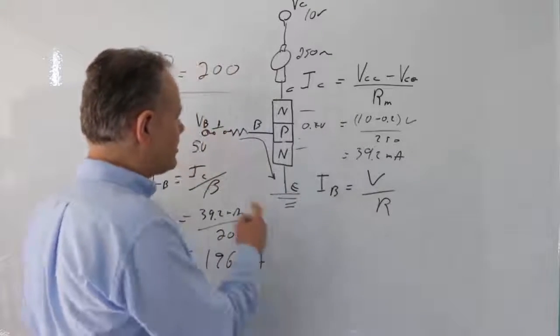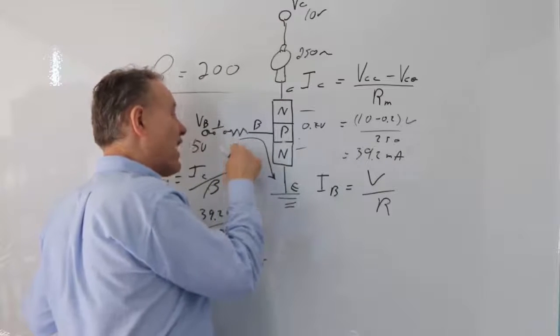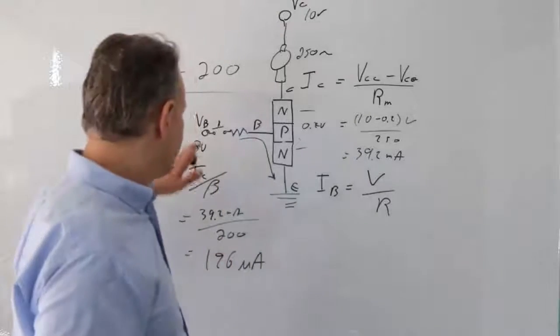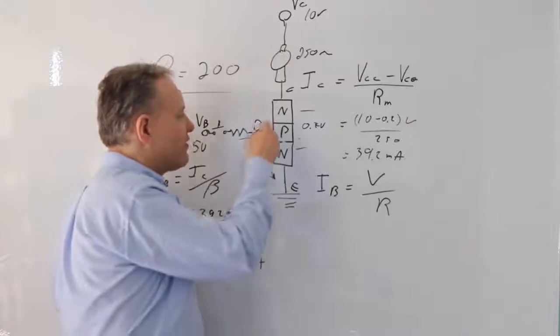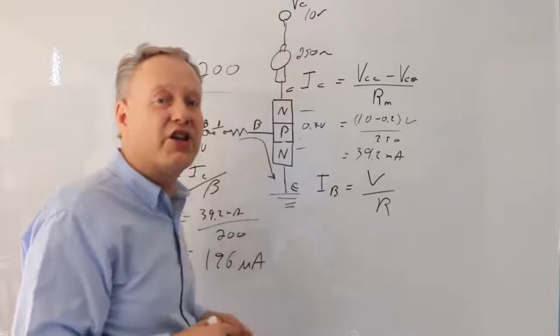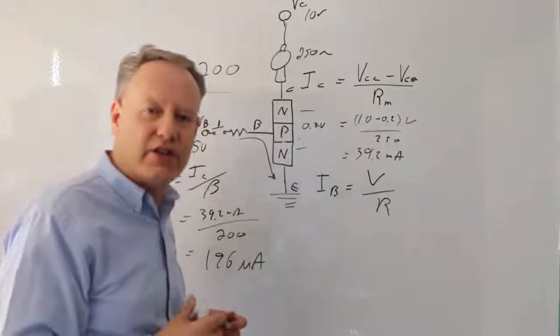So now what's the voltage? Well, it's the voltage drop across this and the nature of that resistance. But what is the voltage drop across this? Well, it's this voltage minus this voltage. And what I mean by this voltage is, take a look, it's a PN junction. Every PN junction is 0.7 volts, same in a transistor as well.